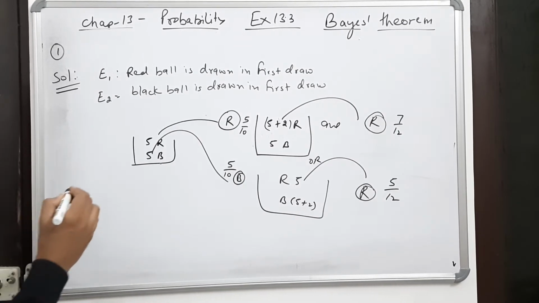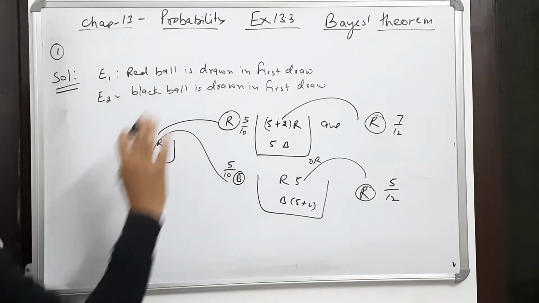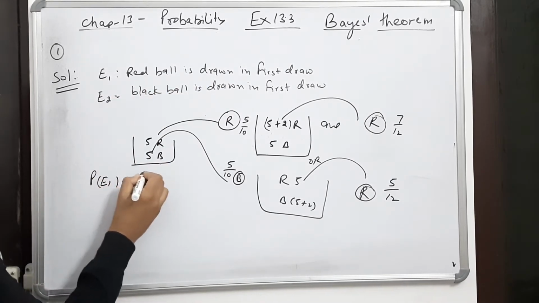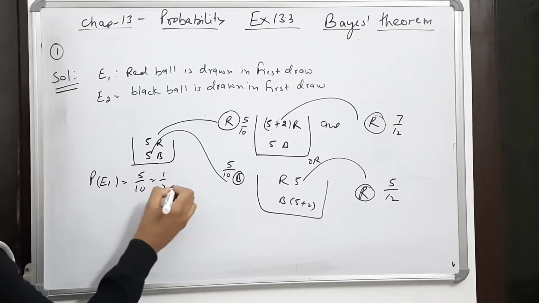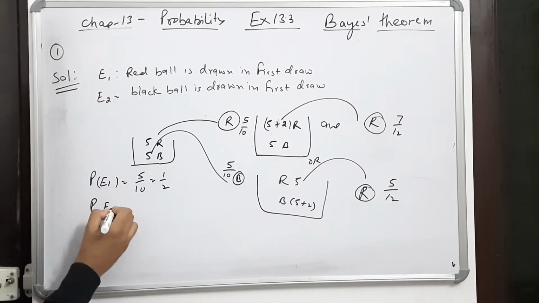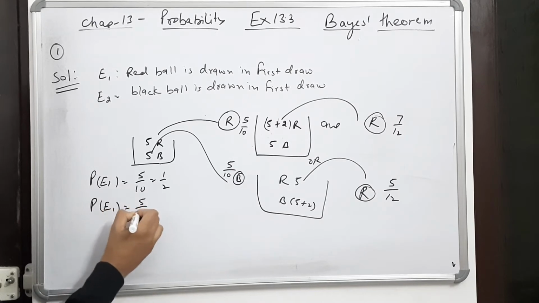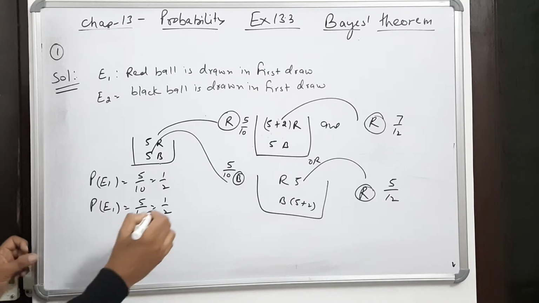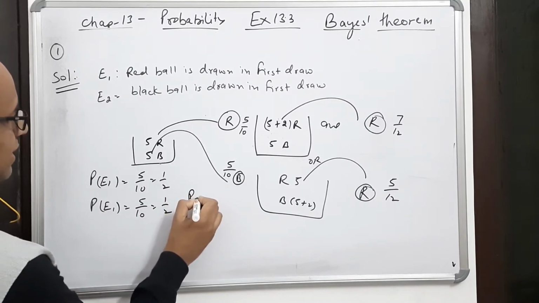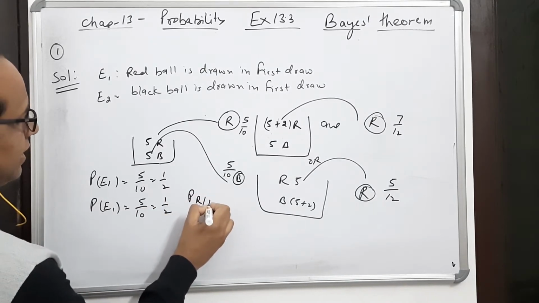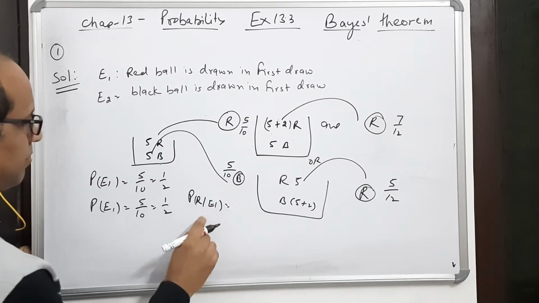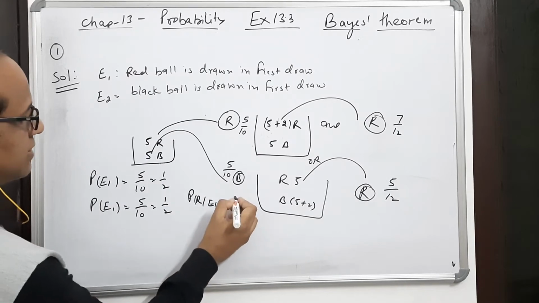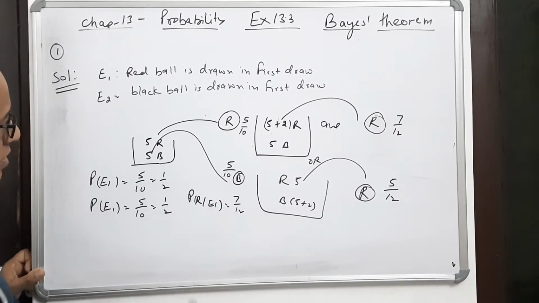Let us write it like this. Say E1 is the red ball in the first draw. So P(E1) is 5 by 10, or 1 by 2. E2 is the black ball in the first draw, that is also 1 by 2. Now P(red given E1) means the first is E1, that is the red ball, and then a red ball, so the answer is 7 by 12.